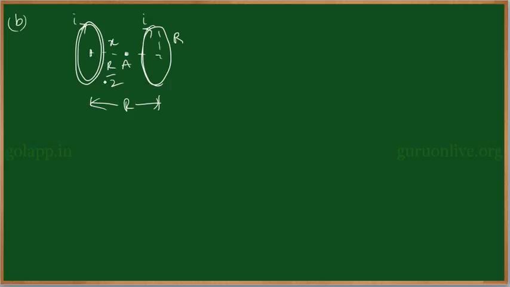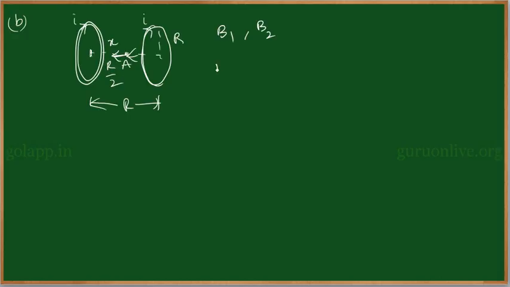Now consider the field due to the first coil. Consider it as B1, and B2 is the field due to the second coil. If you hold this coil with your right hand, your field direction at A will be towards the first coil, and if you hold this also, it is towards the first coil only.